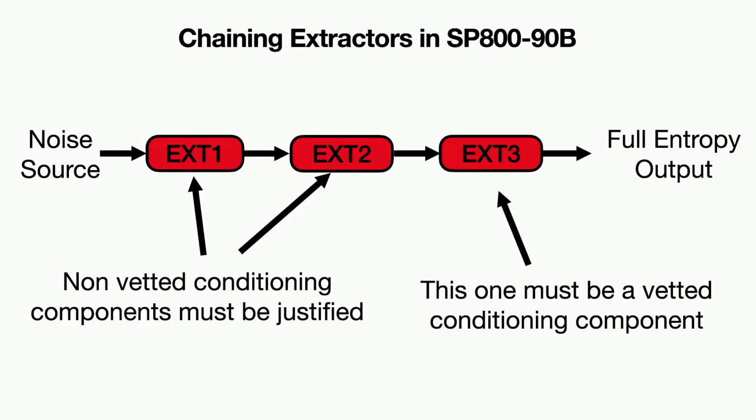Okay, the last thing we're going to talk about is chaining extractors. Oh, it's not the last thing we'll talk about, but we'll wrap up after this. So you've got an entropy extractor, and the spec lets you have a chain of extractors. And so I might have the first extractor and the second and the third. And why might I do that?